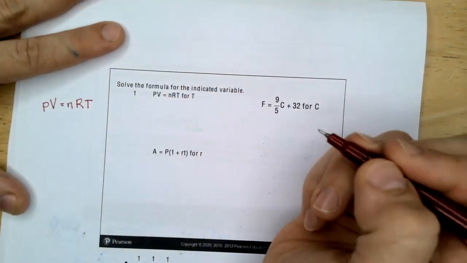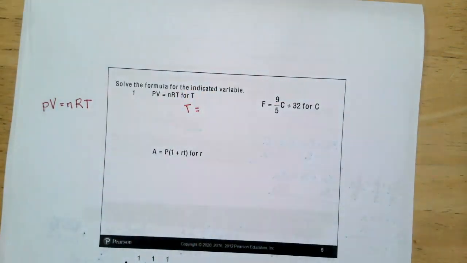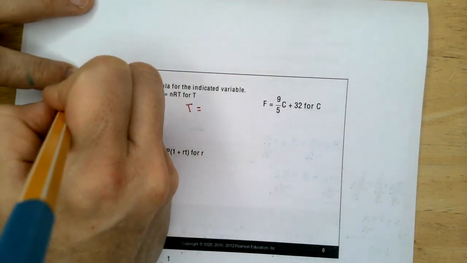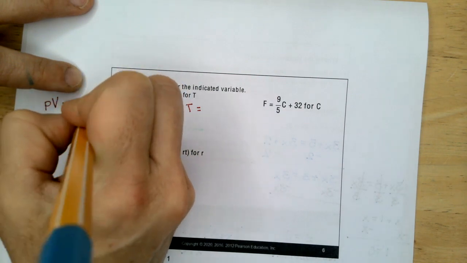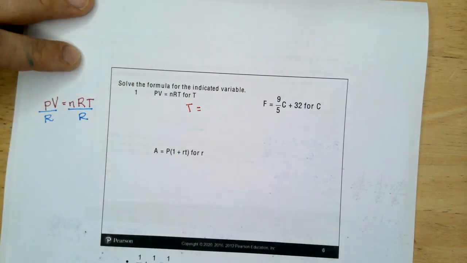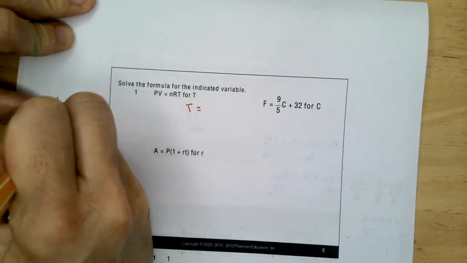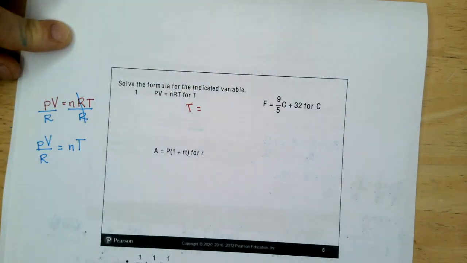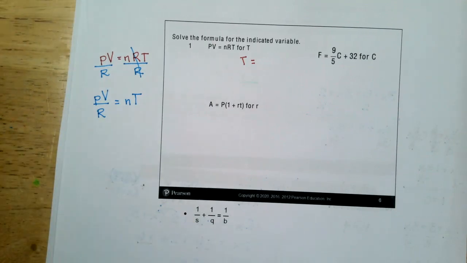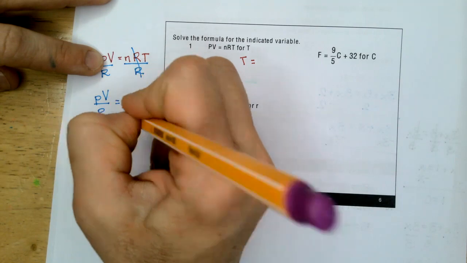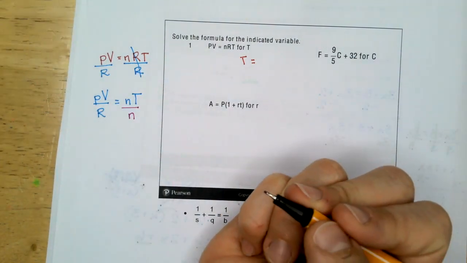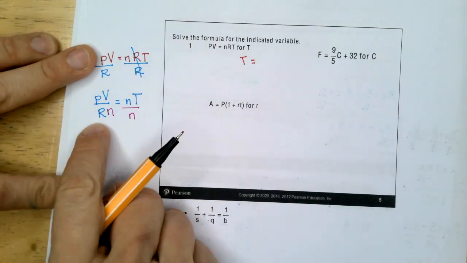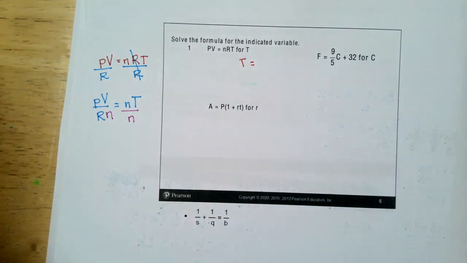To solve for T just means like solving for x. What does T equal? Okay, so right now T is being multiplied by R and multiplied by N. I want to divide it by R. Anything I do to this side, I have to do to this side. So now it's PV over R equals, those cancel, NT. Good. Now T is being multiplied by N, so I want to divide it by N. I'm going to divide all of this by N, so I'm just going to add the N next to the R. Good.